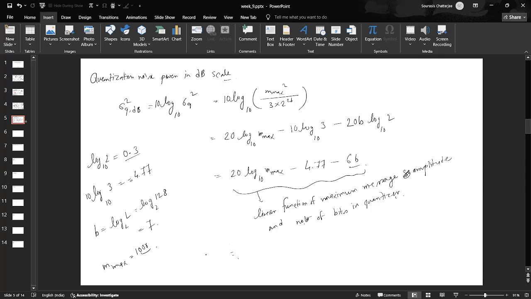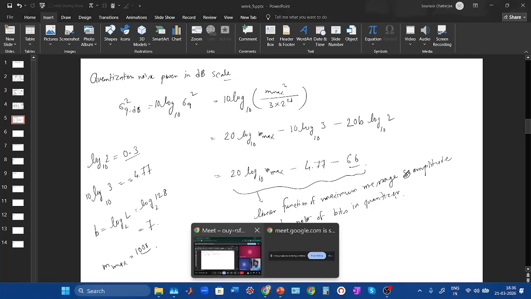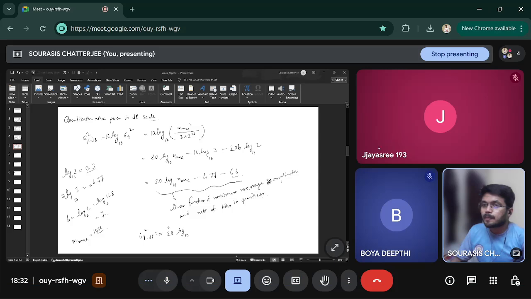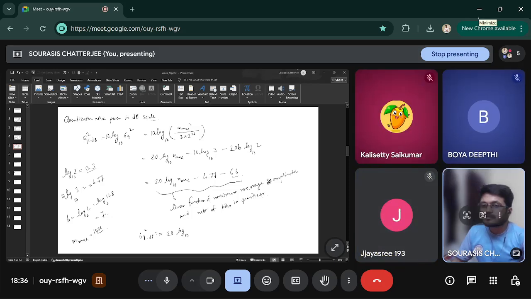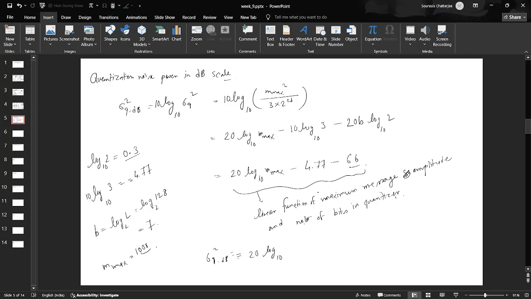So for this particular case, if I put these values, sigma square q in dB comes out to be, if I put M max here, 20 log base 10 1000 minus 4.77 minus 6 times 7.